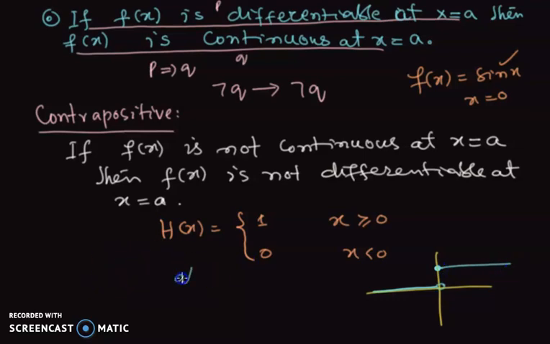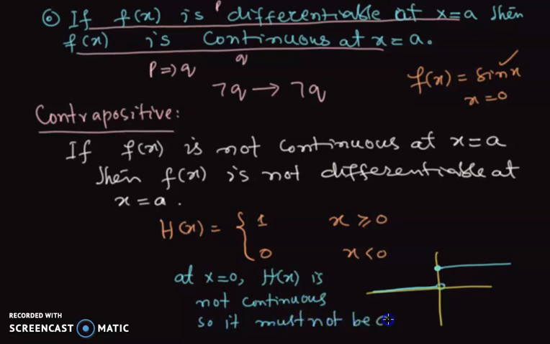So you can see that at x equal to 0, h of x is not continuous. So it must not be differentiable, because not continuity implies not differentiability.